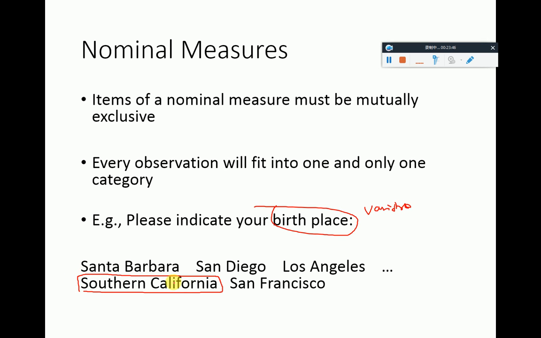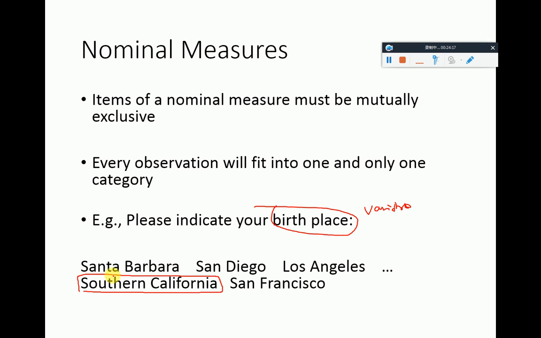Southern California as a category overlaps, obviously, with Santa Barbara, with San Diego, with Los Angeles, but not with San Francisco, right? So if we just look at Southern California and San Francisco, then the scale will be okay, because obviously San Francisco and Southern California are mutually exclusive.